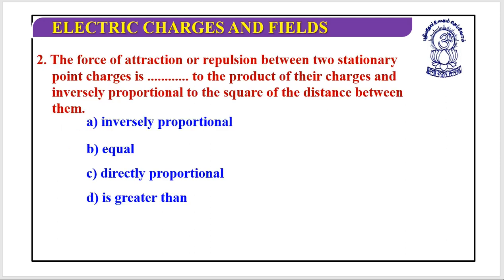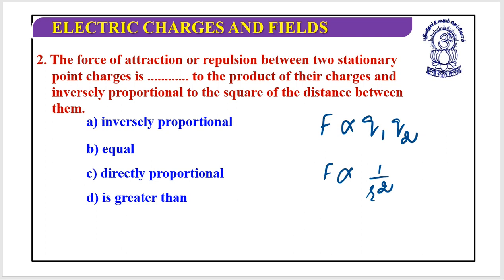Next, one more question. Read it very carefully. The force of attraction or repulsion between two stationary point charges is blank to the product of their charges and inversely proportional to the square. Do you remember the law? F is directly proportional to Q1 Q2 and F is inversely proportional to the square of the distance between these two.